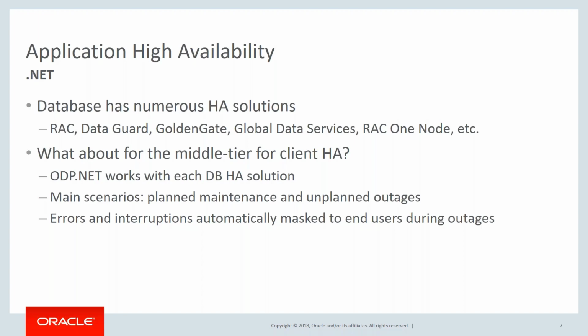And we're going to talk about the technology within these, which actually share a commonality, such as FAN, and being able to use FAN across them is what makes a lot of these HA technologies possible. So we're going to focus on two main scenarios, planned maintenance and unplanned outages, and talk through the best practices for each one, and how errors and interruptions are automatically masked during these outages.